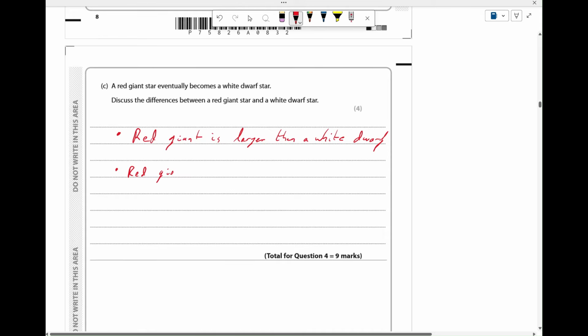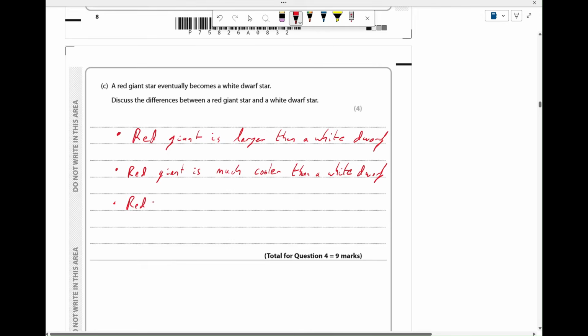A red giant is much cooler. Okay, because it's increased in size, it's cooled down. That's what the red means.